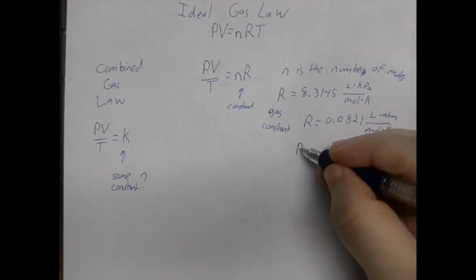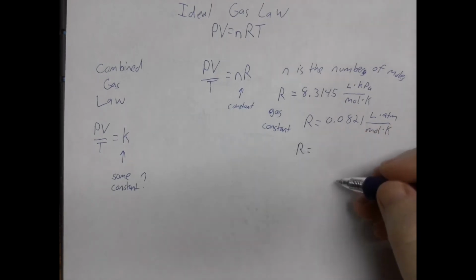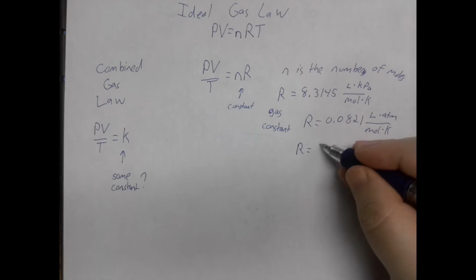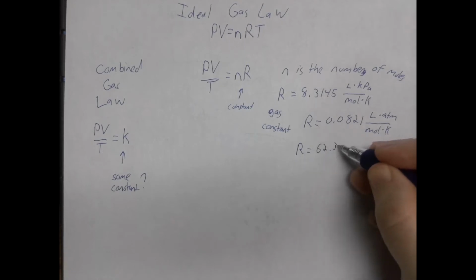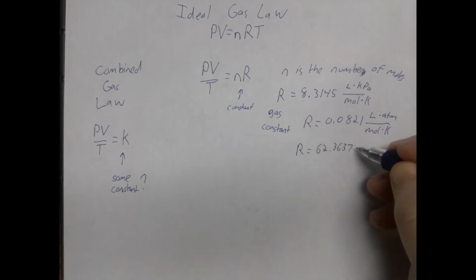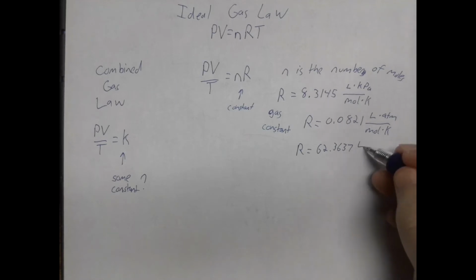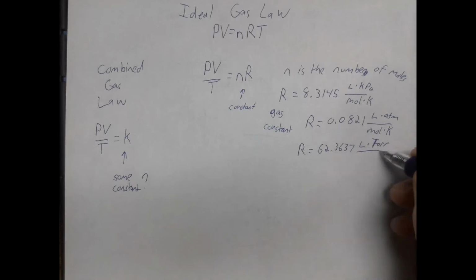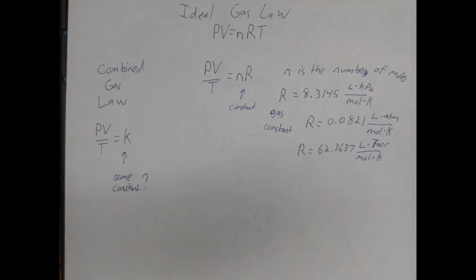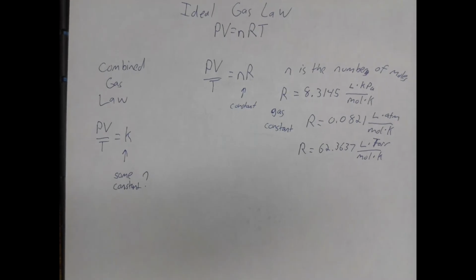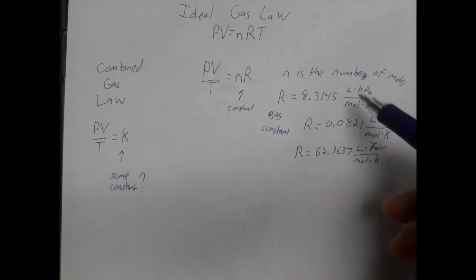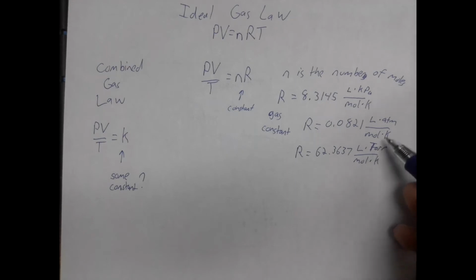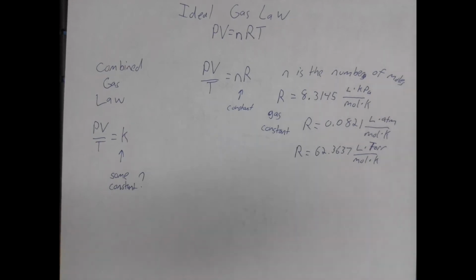And R is also equal to 62.3637 liters times torr. That should be a capital T for torr. Divided by mole Kelvin. What you'll see here is that these are all three just different values for when the pressure is in different units.